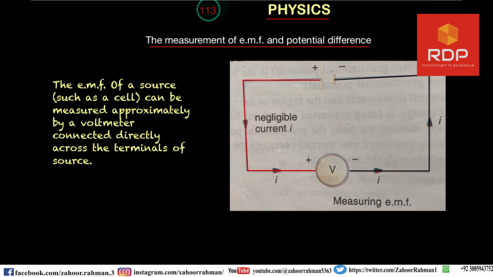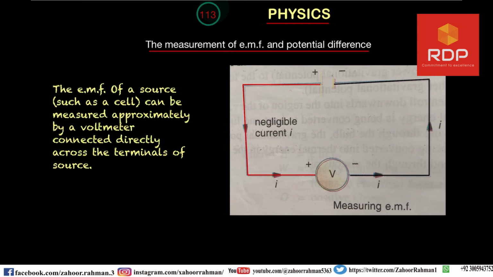How we will learn in this section. So, the EMF of a source such as a cell can be measured approximately by a voltmeter connected directly across the terminals of the source.